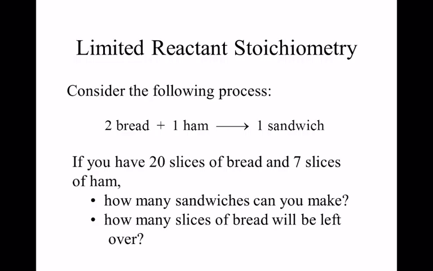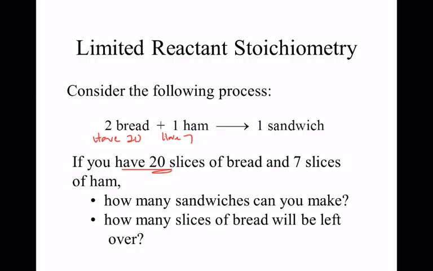If we have 20 slices of bread and 7 slices of ham, how many sandwiches can we make? 7.